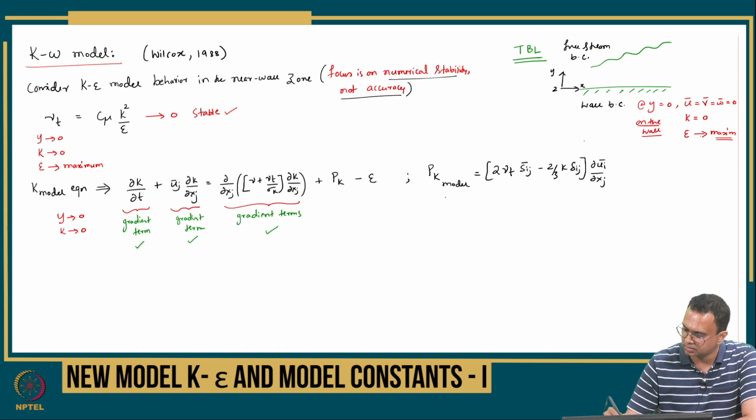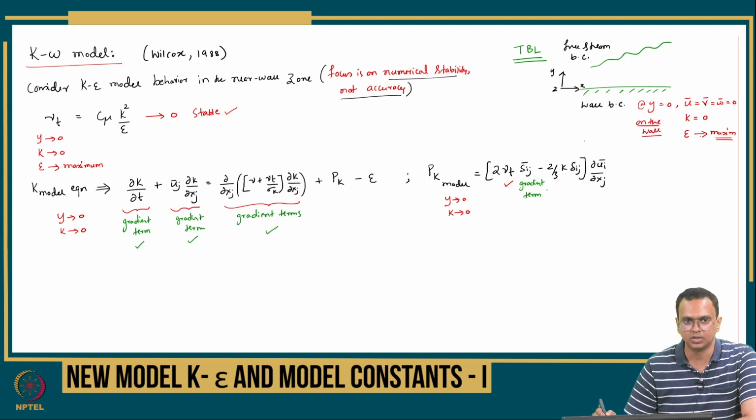Again y tends to 0, k tends to 0, epsilon goes to maximum. So νt already is going to 0 here, so νt will not cause any problem. Sij is again a gradient term here, that will not cause any issue.